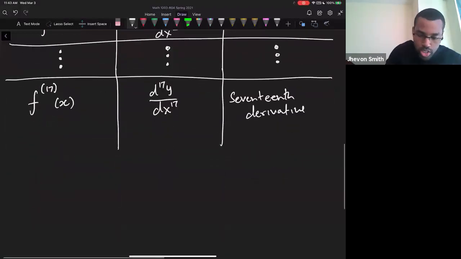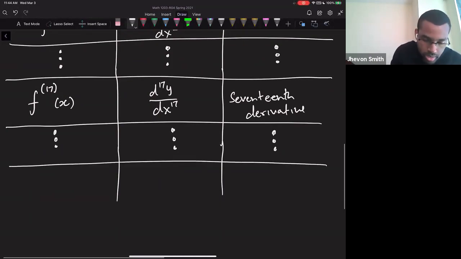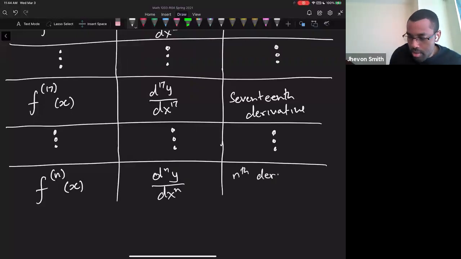In general, ultimately the notation becomes f to the n in parentheses of x, or d^n y over dx^n. It's called the nth derivative.